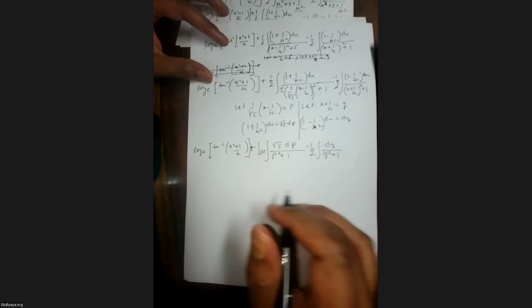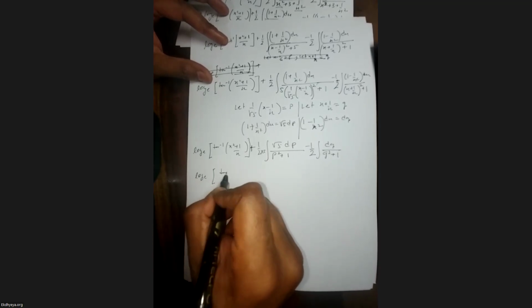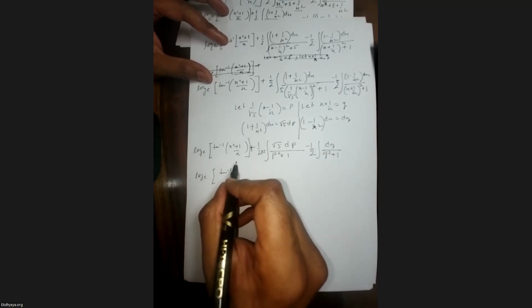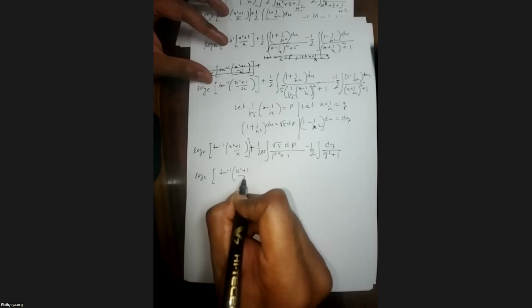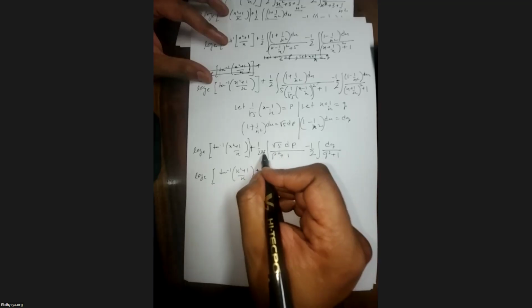So you actually get the final expression as log e tan inverse (x² plus 1)/x plus, see, this is a root 5 here and there is a 5 here.